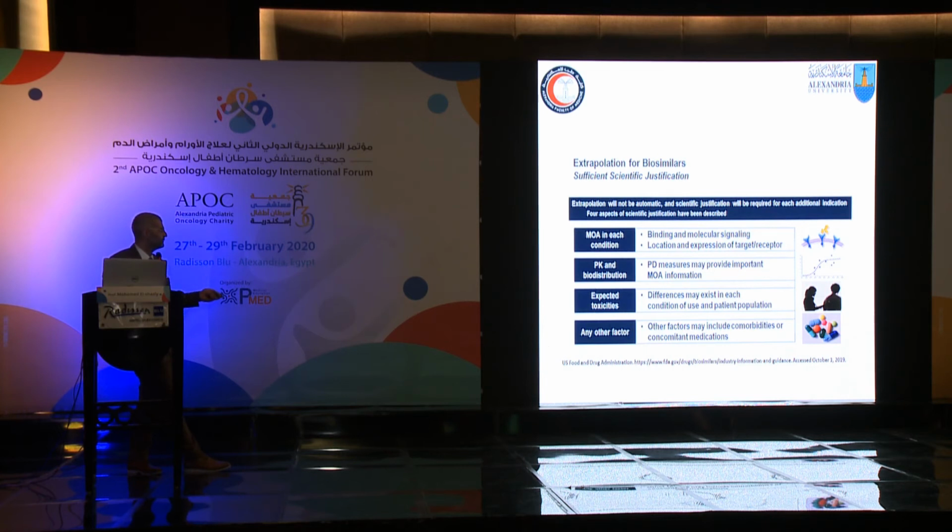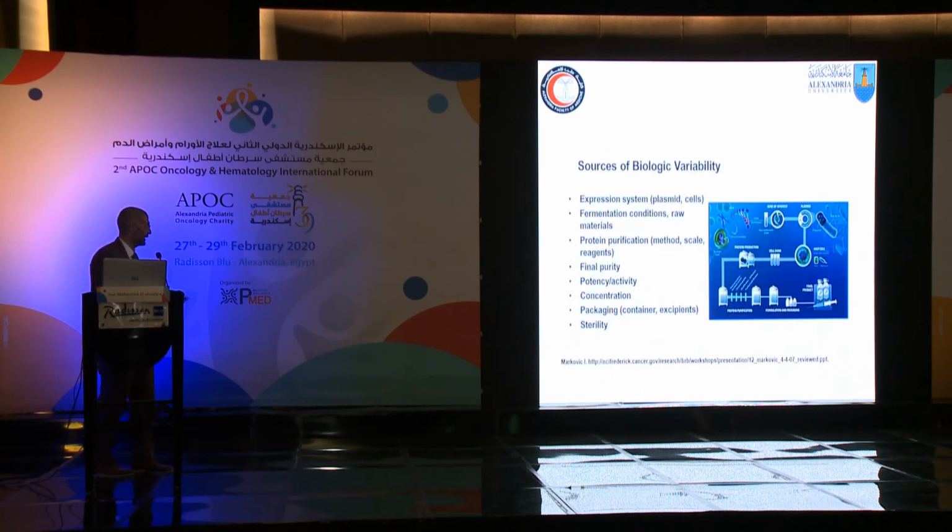And these data may be in the mechanism of action or the PK and PDs or in the toxicity or any other factor. So there are a lot of sources of biological variability that happen with the monoclonal antibodies.